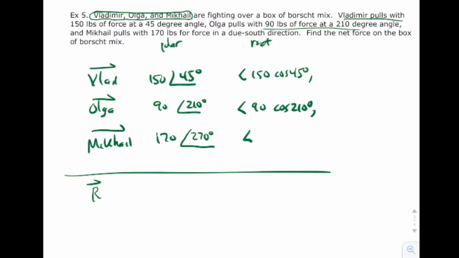This is going to be a 170 cosine 270 degrees x component. And so if I add up all those x components right now, 150 cosine of 45, close parentheses, plus 90 cosine 210, close parentheses, plus 170 cosine 270, close parentheses, equals.